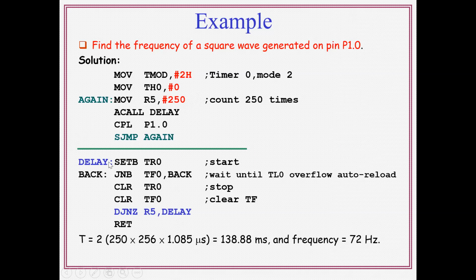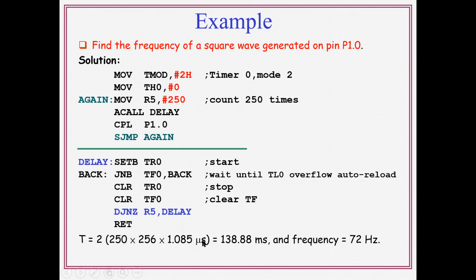So where is delay? Again perform. How many times will it be performed? 250 times. Each time, how many counts? 0 to 255, called 256 counts. So the total frequency can be calculated as 250 times, each time 256 counts. So 250 into 256, and each count time delay is 1.085 microseconds.